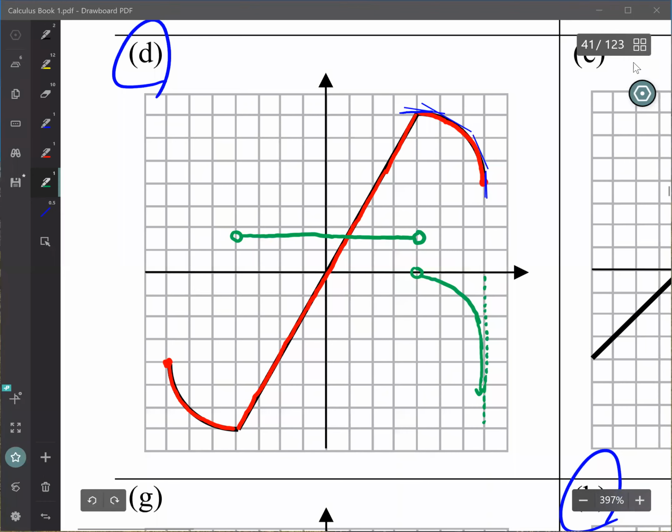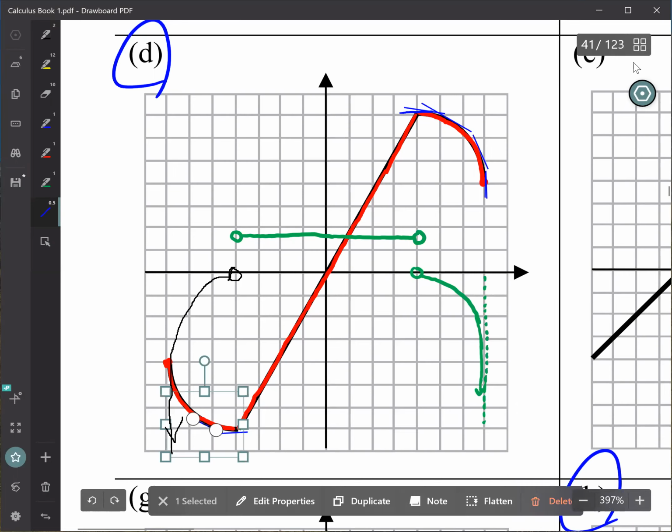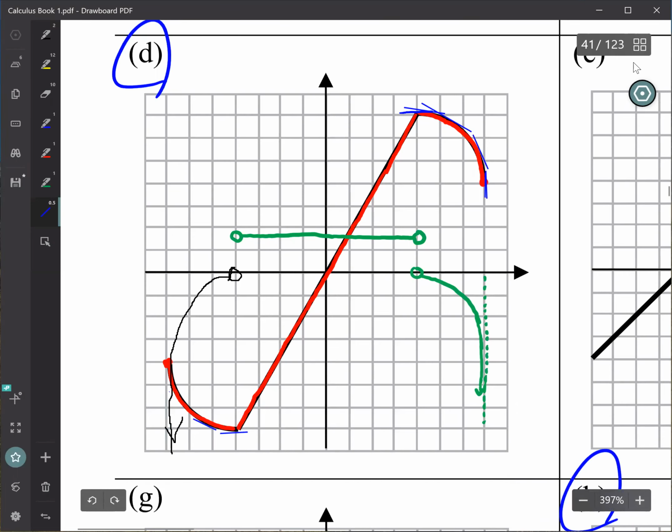Try to fix the left side. What you can do to help yourself understand is to draw little line segments of slope. If you look at the lines again, this will be 0, and then they start to get steeper, but they are all negative.